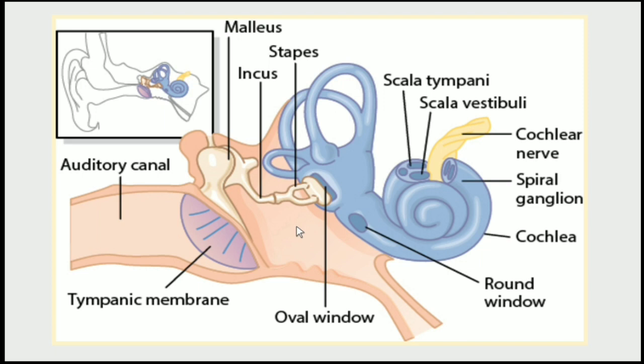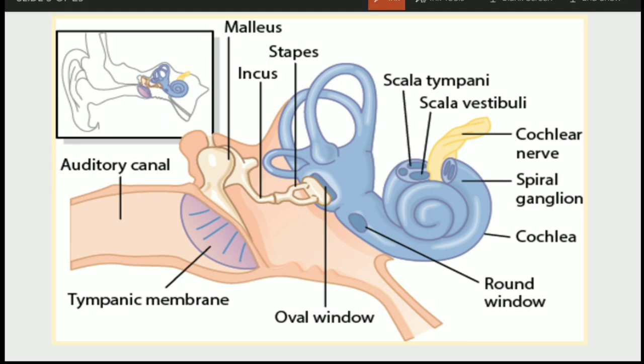Now today we are discussing the second part, where our focus is primarily on the structure of the inner ear, and mainly the structure of the cochlea. Actually, the internal ear contains two things. One is for balancing and the second is for hearing.